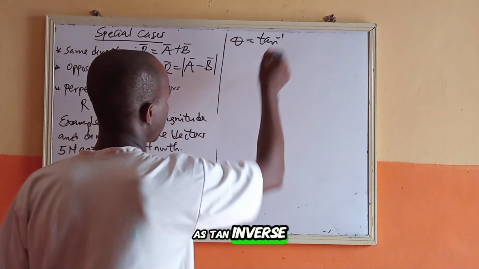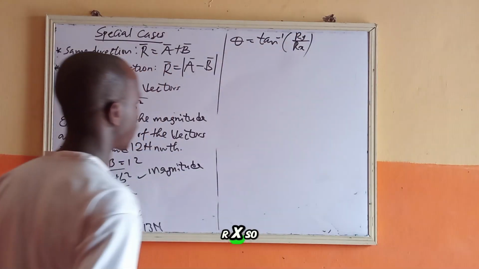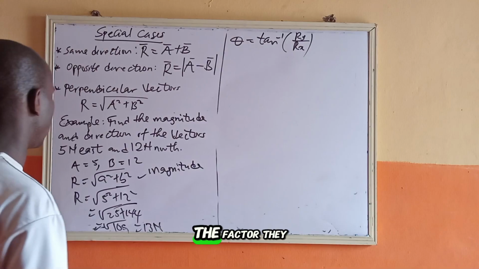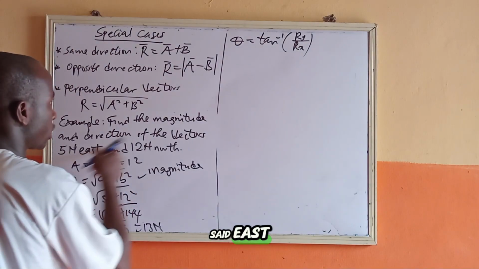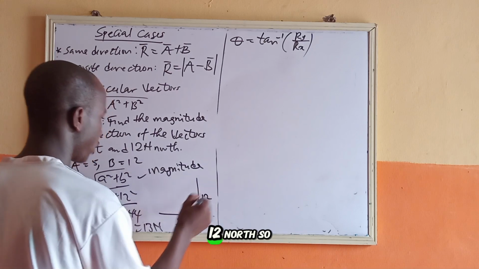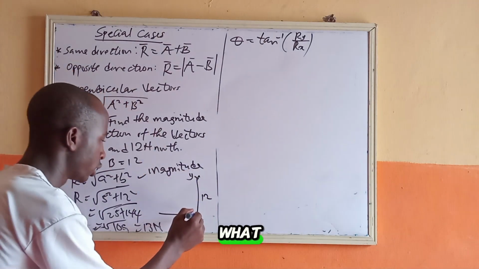As tan inverse of what? Ry over Rx. So in this place now, what is our vertical? The vertical, they said east, so we have 5 east, and then 12 north. So these are our vertical, these are our y, and these are our x.